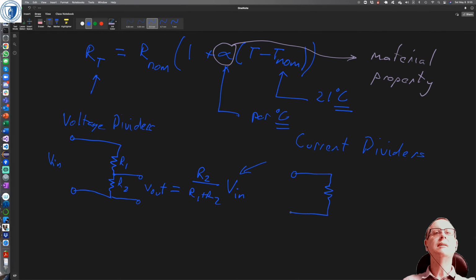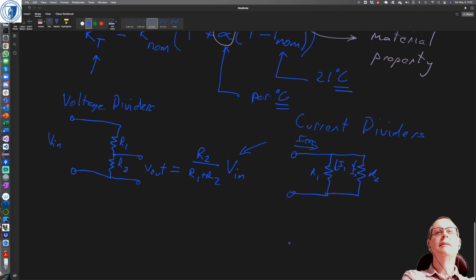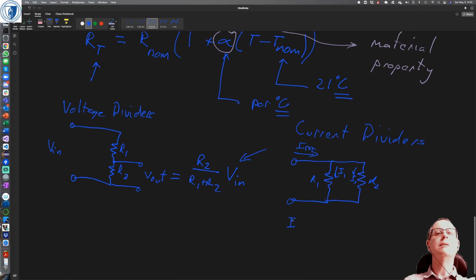Because here we get that the current through R2 is equal to R1 divided by R1 plus R2 times the total.